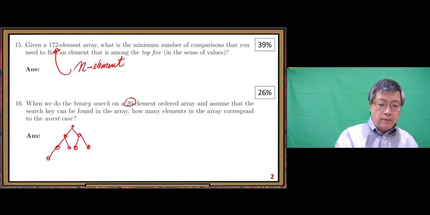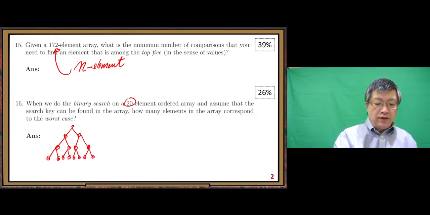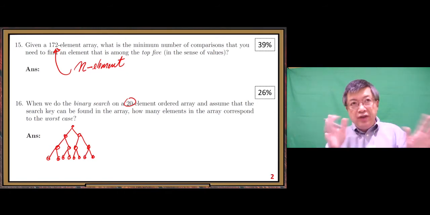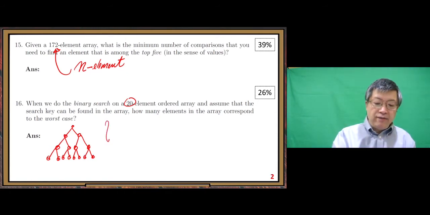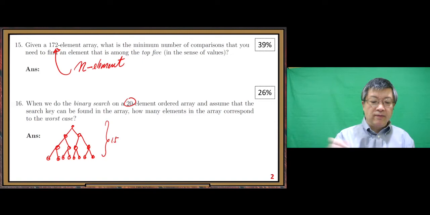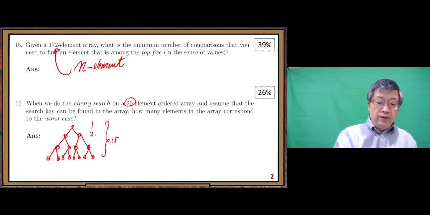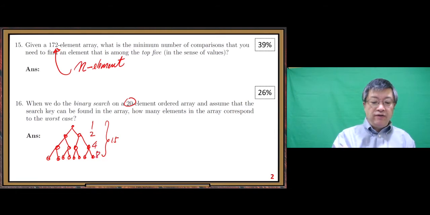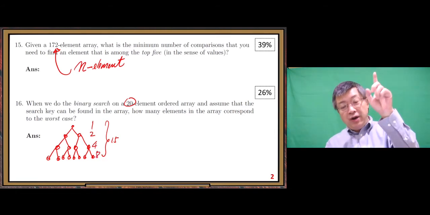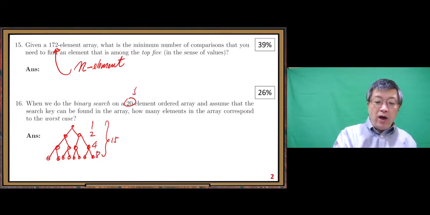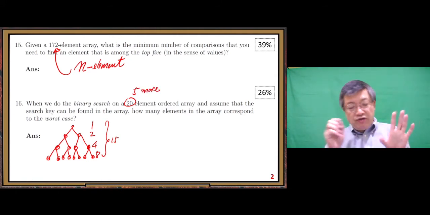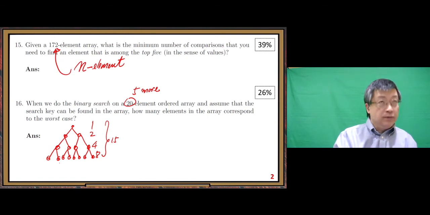After these levels, this is a complete binary tree. How many nodes do we have? 15, 1 plus 2 plus 4 plus 8. But we have 5 more elements, so we need to arrange 5 more at the bottom.